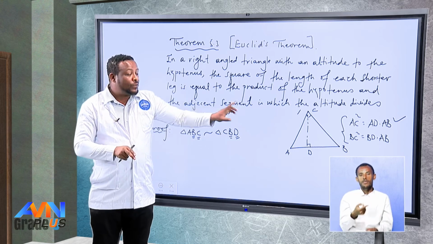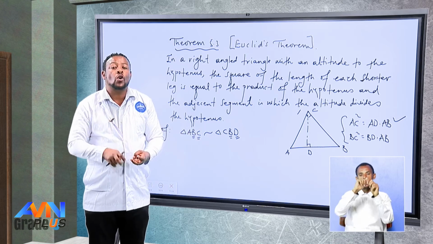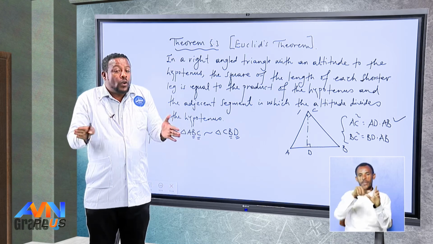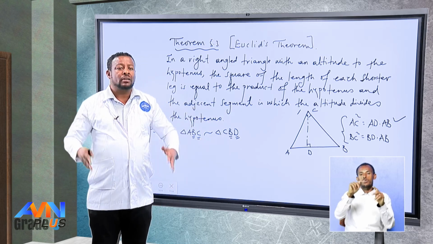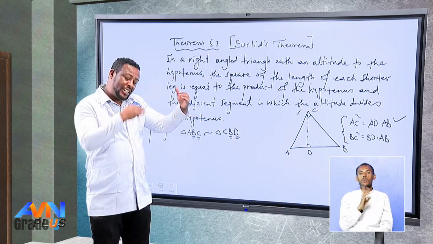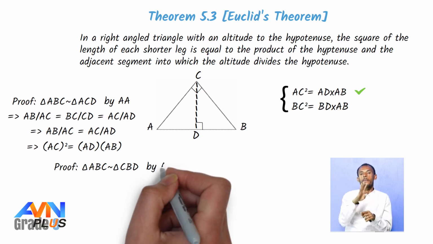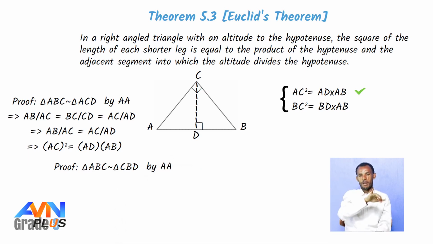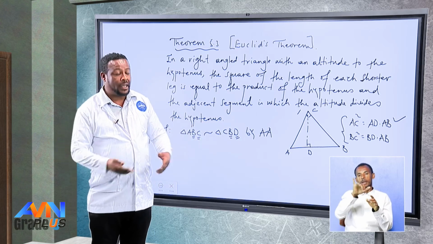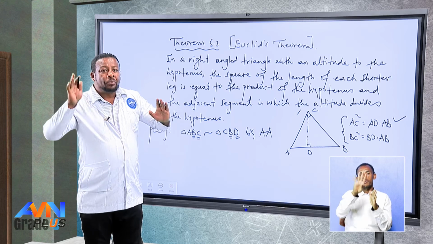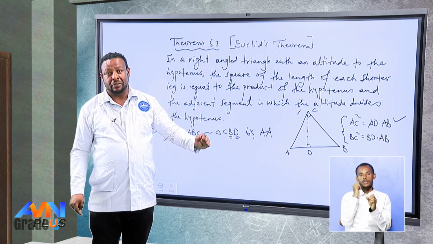So from this figure, we can observe that these two triangles have two congruent angles. If you have two congruent angles, by default, the two triangles are similar. You don't need to mention the detailed proof. You need to state by angle similarity, as we have already seen in the different similarity theorems in the fourth unit. This is the first thing that you need to extract from this triangle, right?